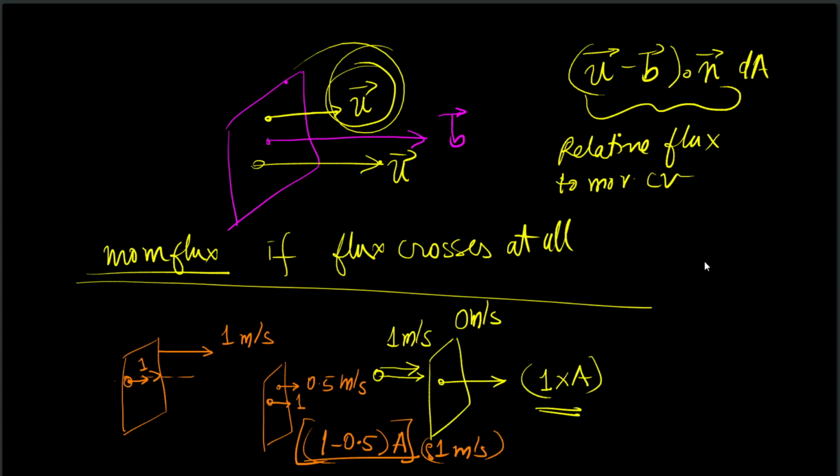So in every conservation equation, whenever you have flux crossing a surface, you have to first find out how much flux is crossing that surface. And how much flux is crossing the surface is a function of the velocity at that point relative to the velocity of the area. It cannot be just the absolute velocity.